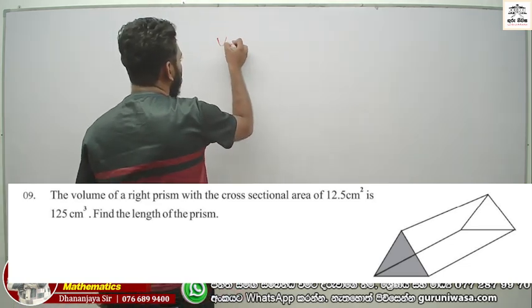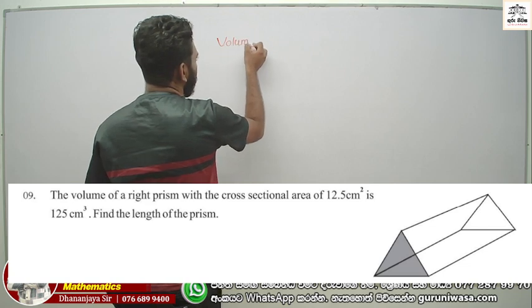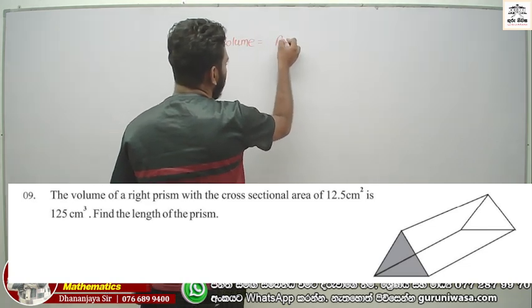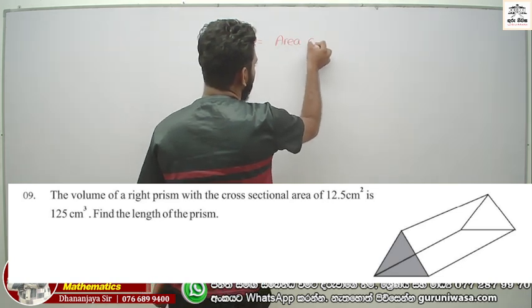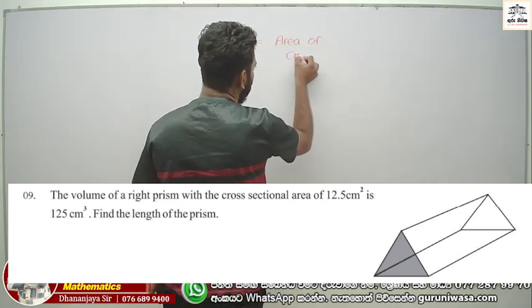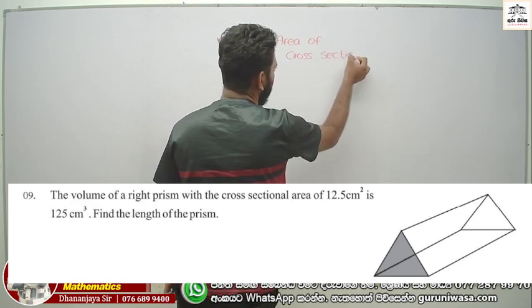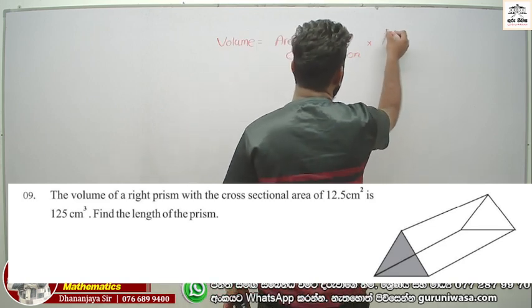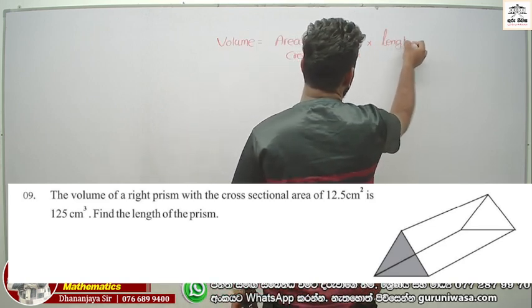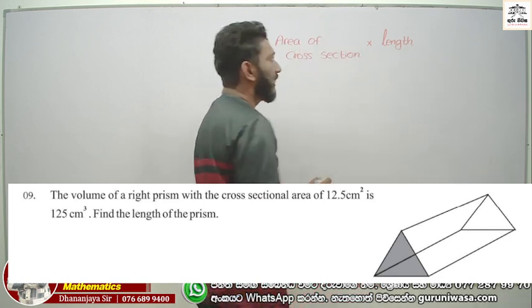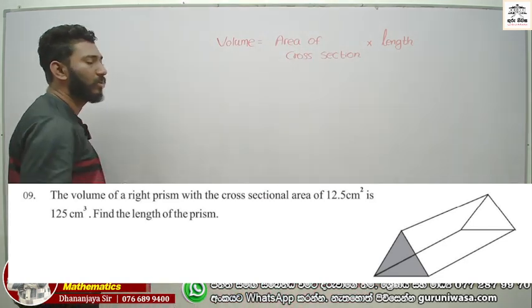The volume equals the area of cross section multiplied by the length. And this was a very, very important thing.